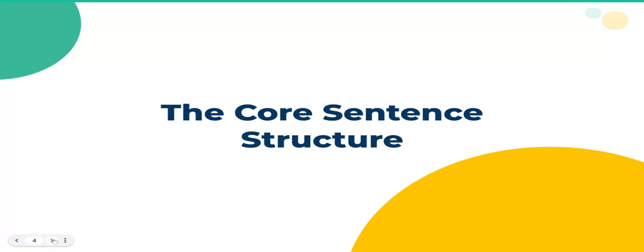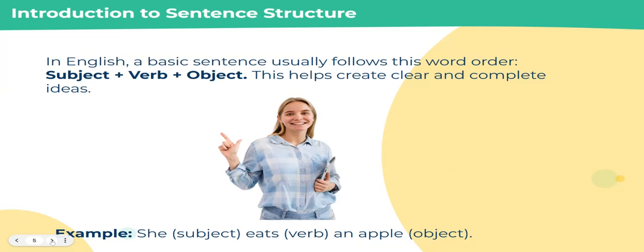First of all, we have the core sentence structure. Here we have an introduction to sentence structure. In English, a basic sentence usually follows this word order: subject plus verb plus object. This helps us create clear and complete ideas. This is the very core of a good sentence structure in English.